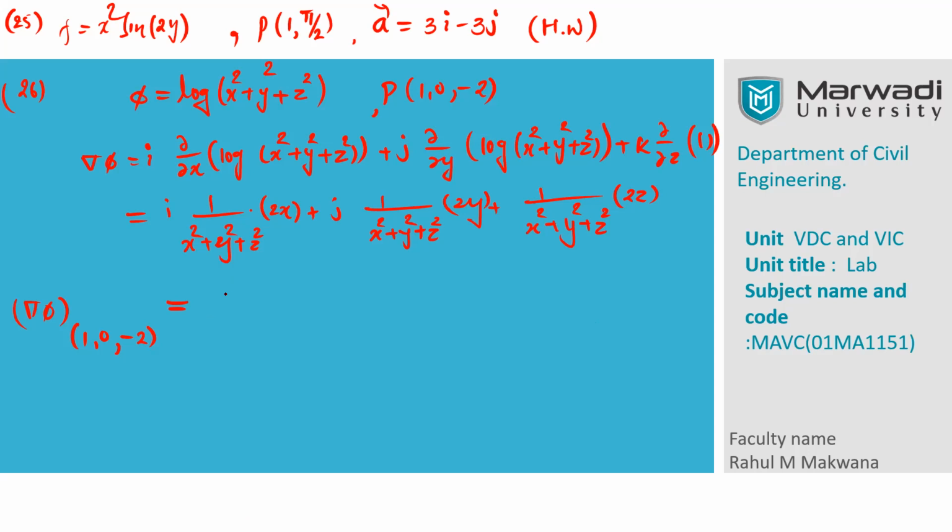Okay, so it is 2 divided by 5 i, 4 divided by 5 k. Please verify, is it so? Vishwajit has the answer. Please verify it.